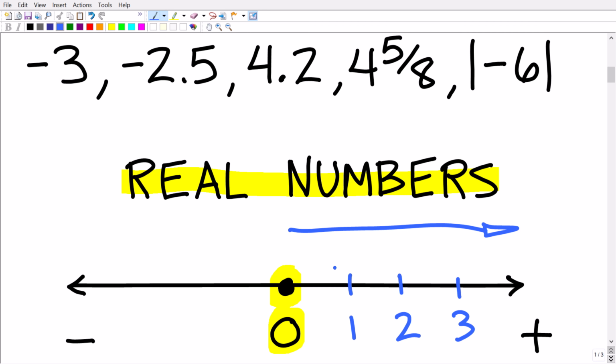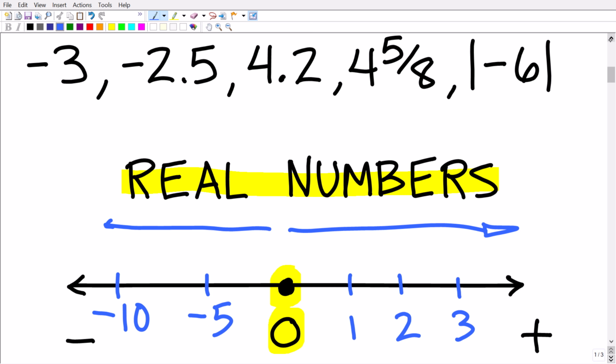And on this line, we can have any decimal, fraction, rational numbers, irrational numbers, square roots, etc. This makes up what we call the entire real number system. As we go to the left, though, numbers are getting smaller. Okay, so we're going in a negative direction. So for example, -10 is smaller in value than -5. Okay, so this is the real number system.